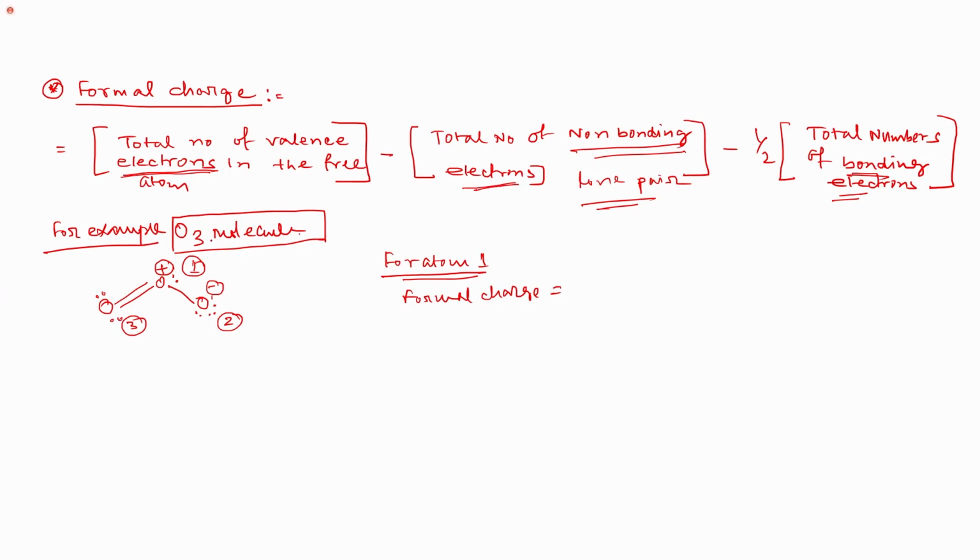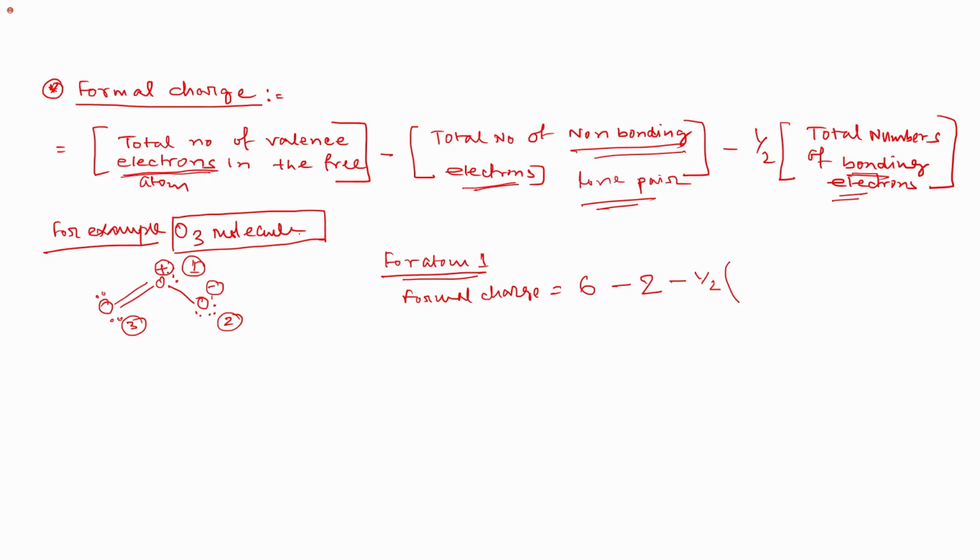Every oxygen atom has 6 electrons in the valence shell, so this is 6, minus the total number of non-bonding electrons, the lone pair electrons. For atom 1, the lone pair count is 2, so the non-bonding electrons equal 2. Then minus half of the total number of bonding electrons.